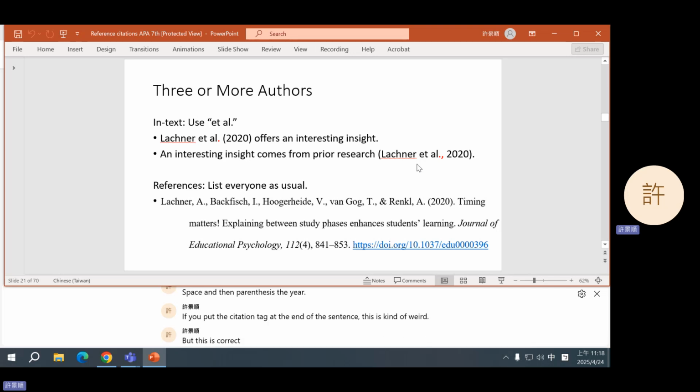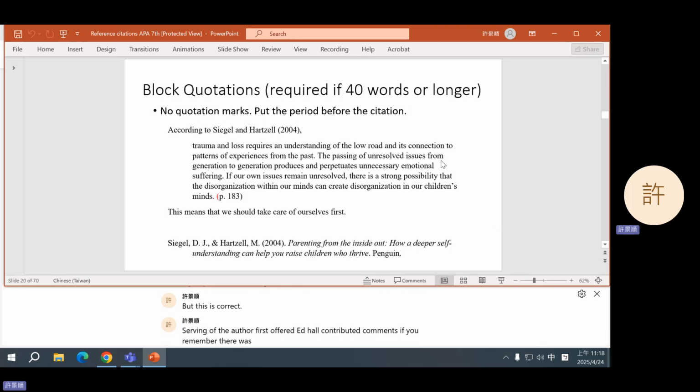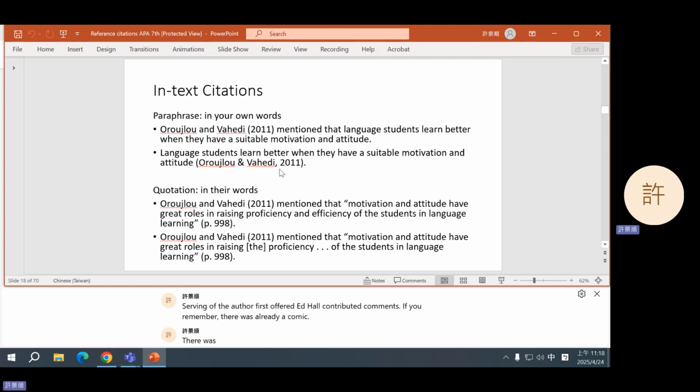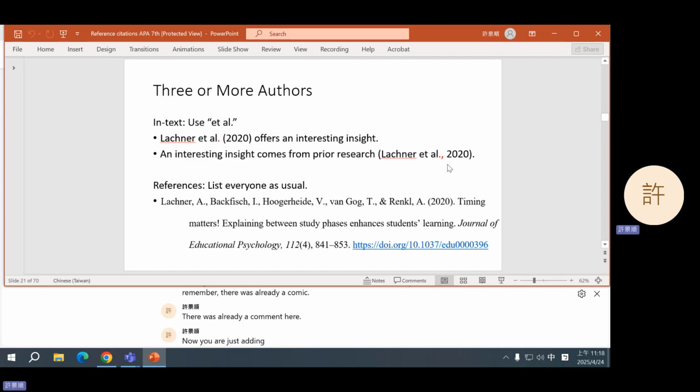Surname of the first author, et al, period, comma. If you remember, there was already a comma here. Now you are just adding the period from the al. So et al. period, comma, space. And then the year.